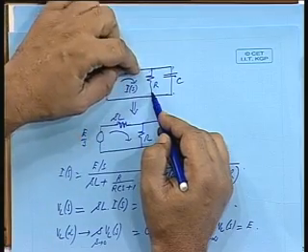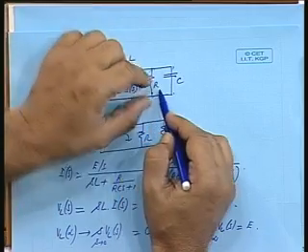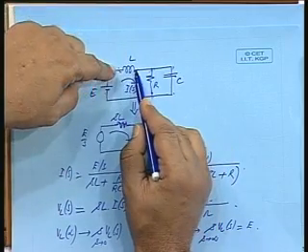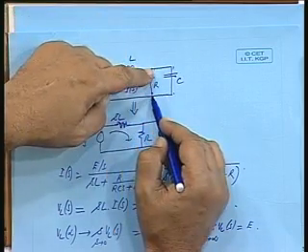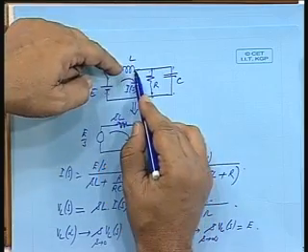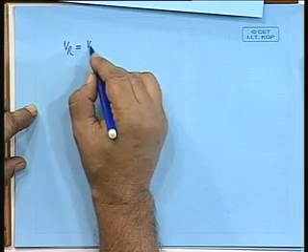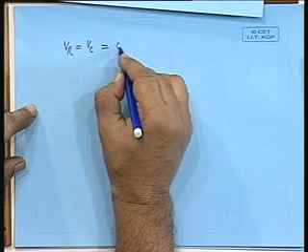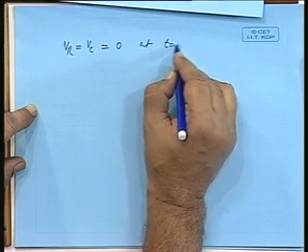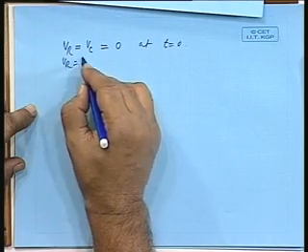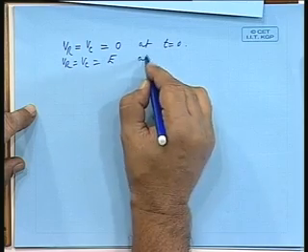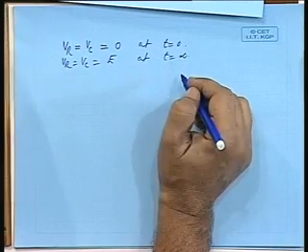So, you need not find out these values separately. When the inductor voltage has maximum value E in the initial condition, at t equal to 0, this will be 0. At t equal to infinity, the inductor voltage is 0, so this will be E. So, VR, which is equal to VC, will be equal to 0 at t equal to 0, and VR equal to VC equal to E at t equal to infinity.